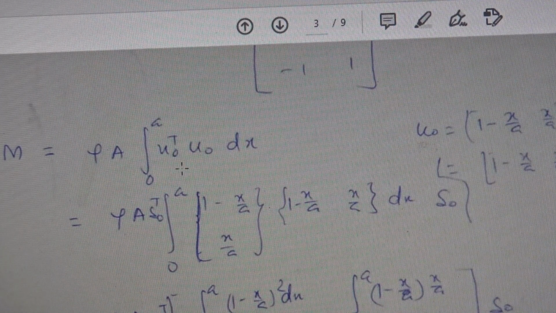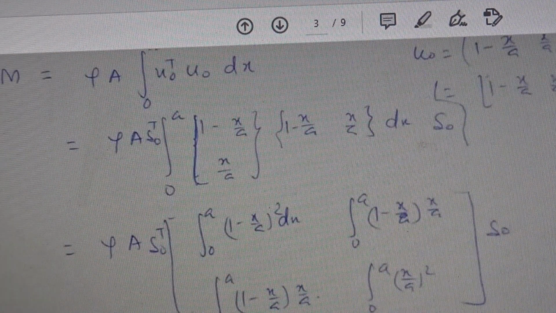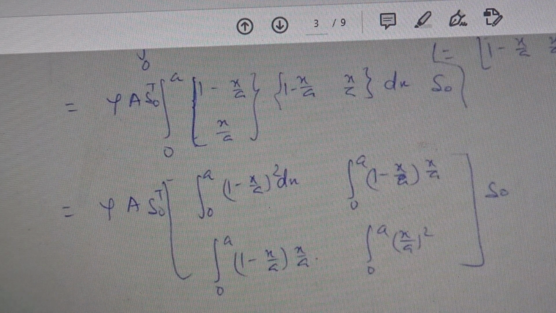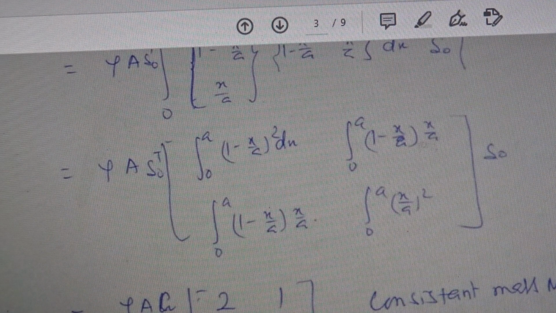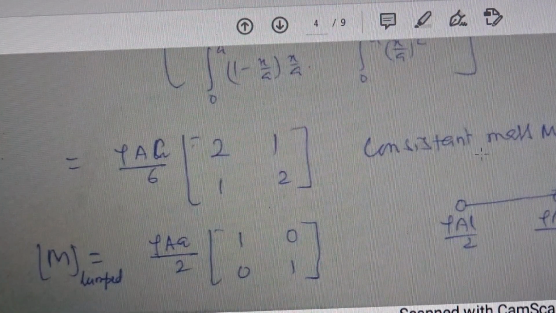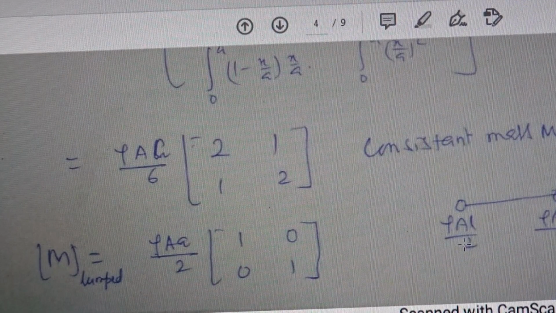When you integrate it, you will get rho a by 6 times 2 1 1 2. This matrix is known as the consistent mass matrix.